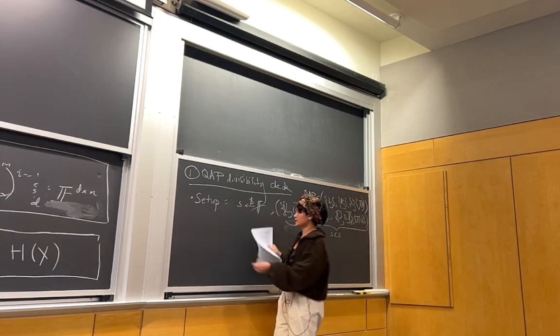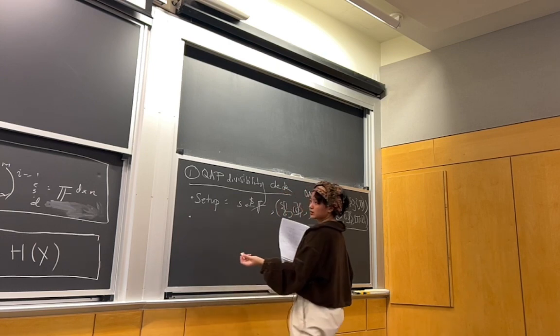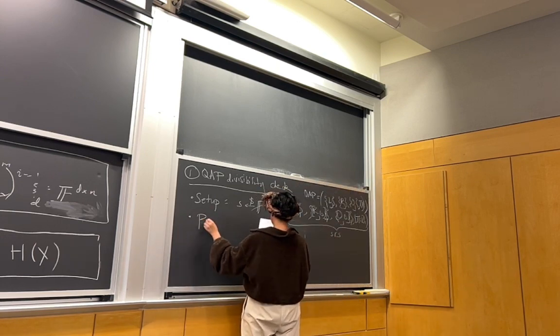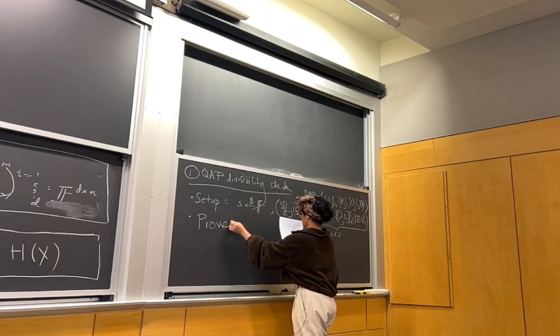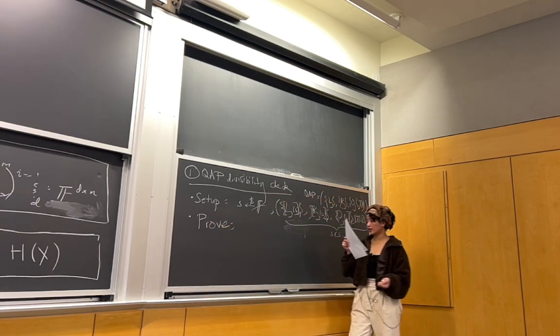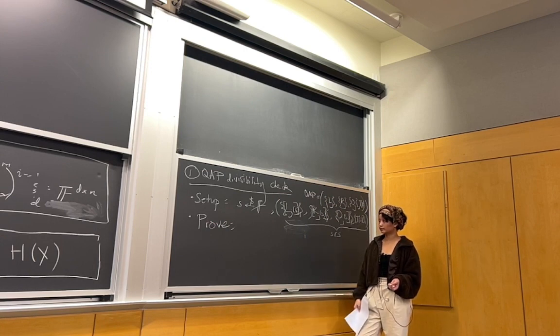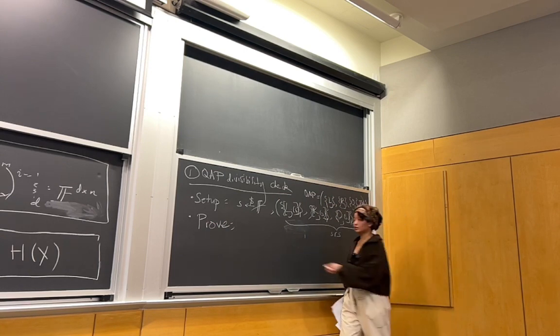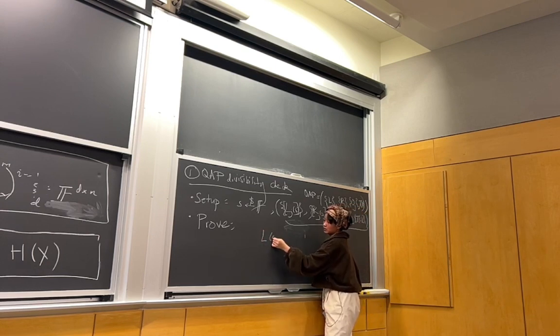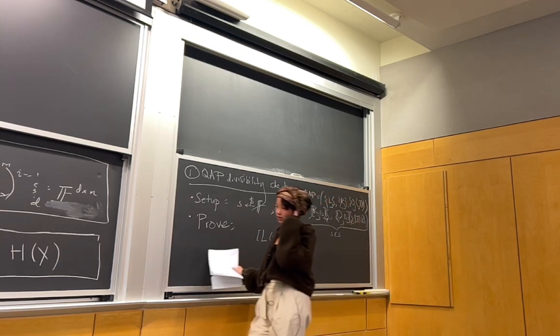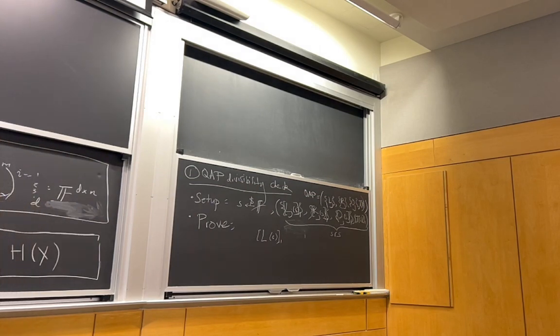So now using this SRS, what the prover can do is compute a commitment to the evaluation of L at S. So if you recall, L is a linear combination of the L_j's, using the purportedly satisfying witness as the coefficients.